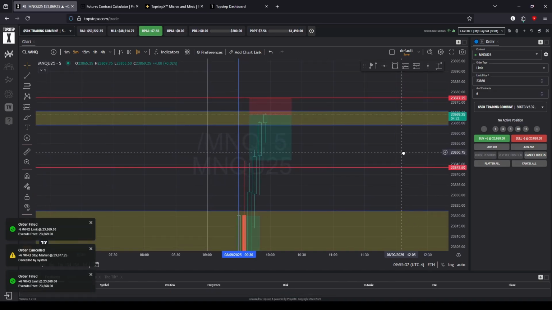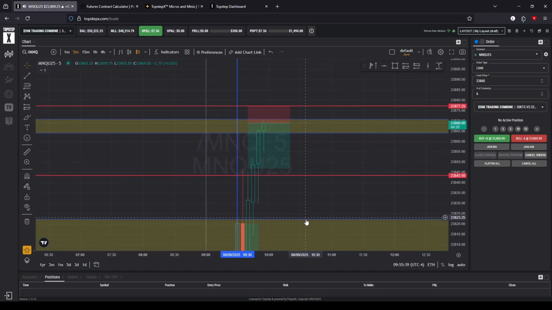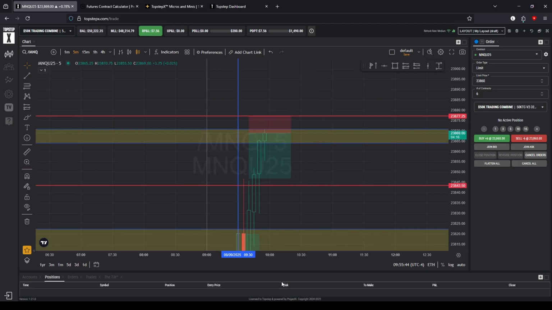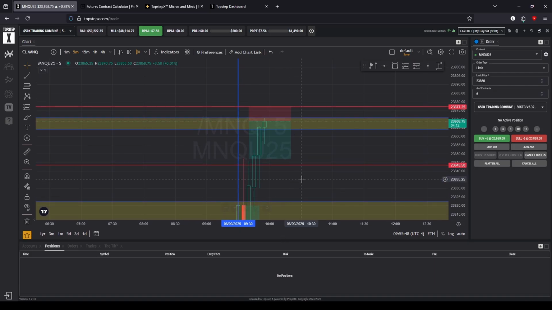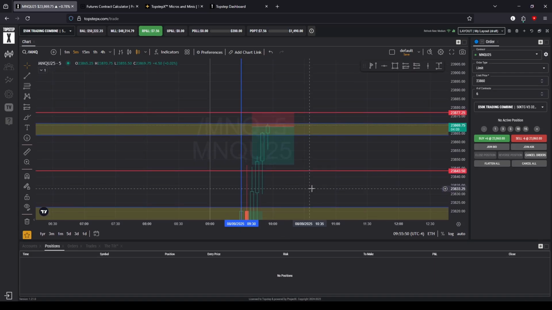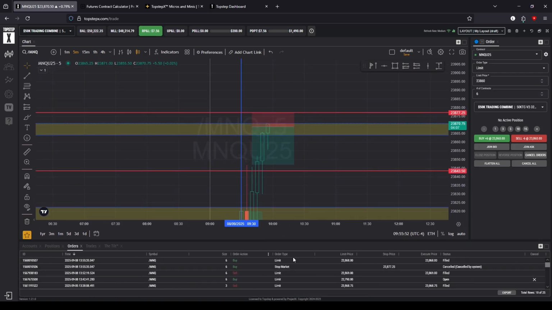Okay, there we go. Do I have a stop loss? What the hell? What's going on? Where's my trade? I don't see it. Hello? What is going on? 152.